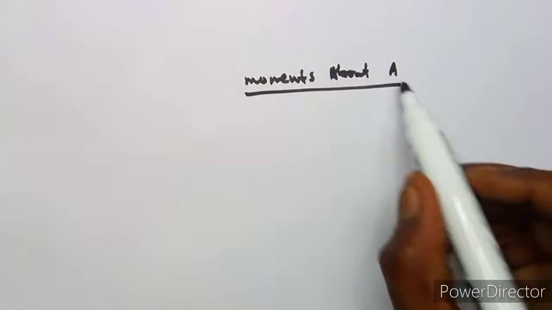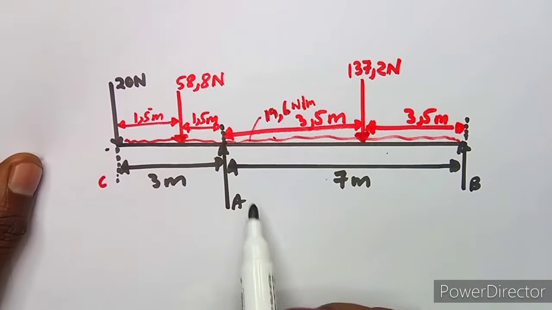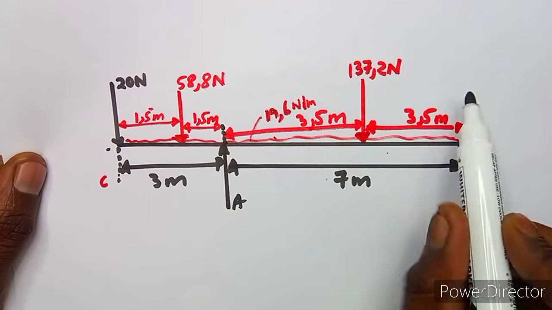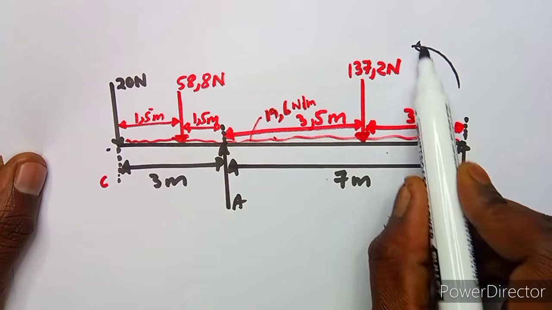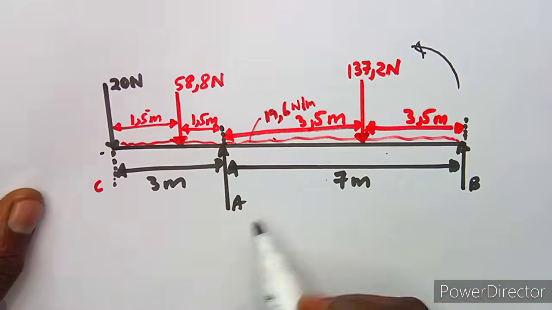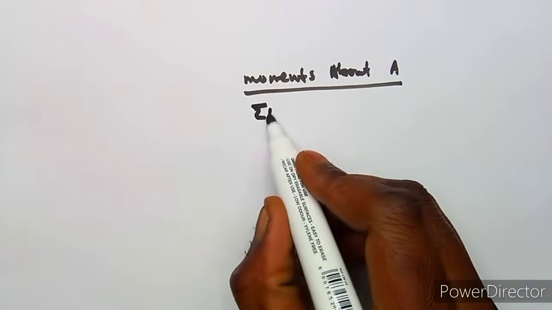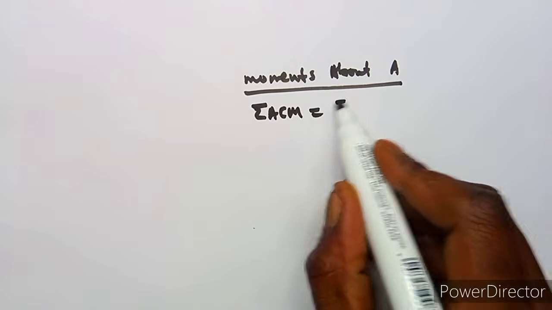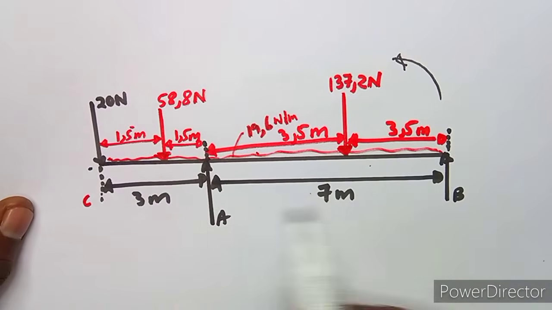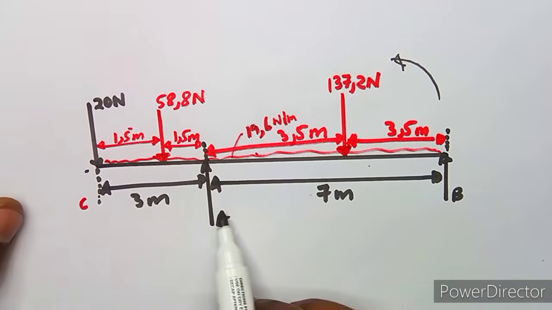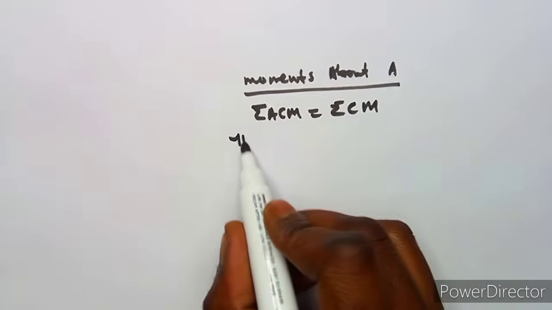So let's take moments about A. As you can see, B going to A is in this direction, which is anti-clockwise. So we shall have the sum of anti-clockwise moments equal to the sum of clockwise moments, which is B back to A, that's 7 times B, which is 7B.